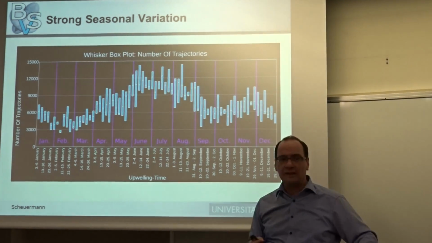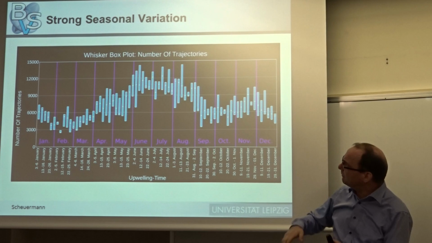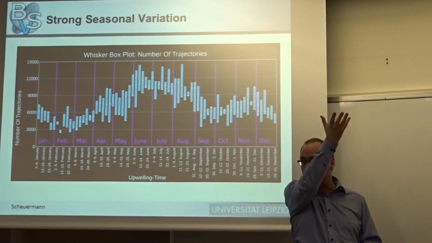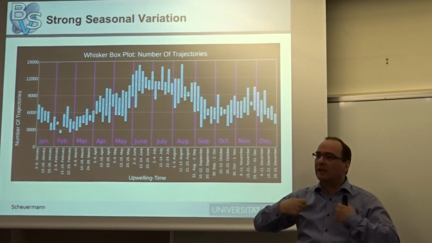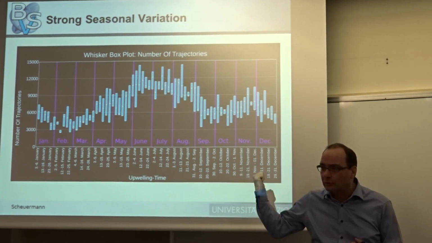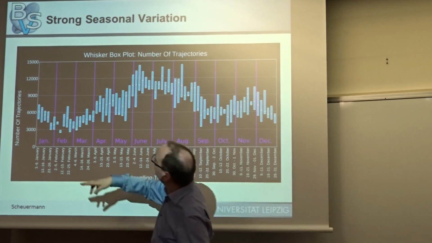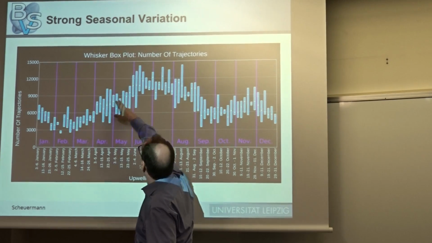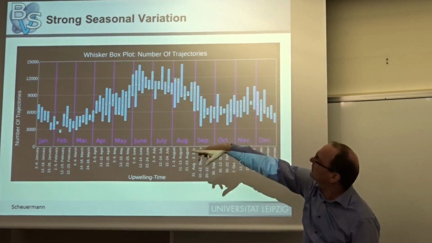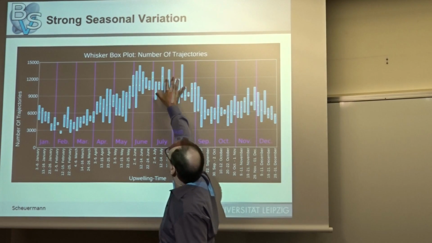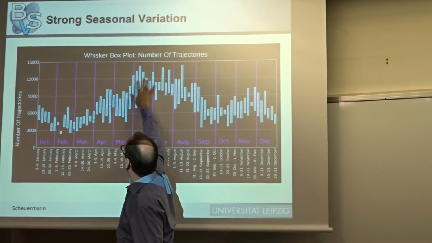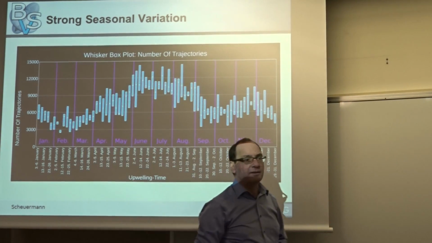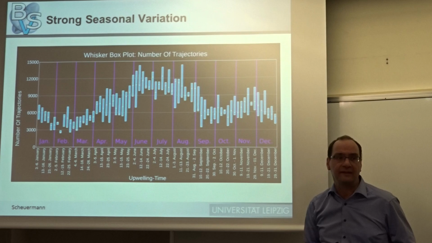And if we say, as a rough estimate, the number of trajectories tells you how much water is transported to the surface. Of course, you can do more processing and be more precise once you have the idea, right? But if you just take the numbers, and now we have 12 years, so we take the means over these 12 years to give you an idea, and then you see, even statistically it's significant, there's much going on here and substantially less in the southern winter. So you can actually see this.